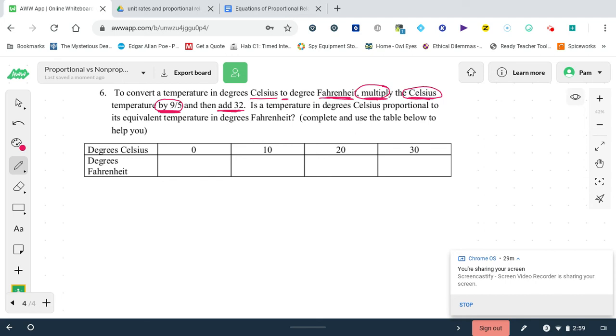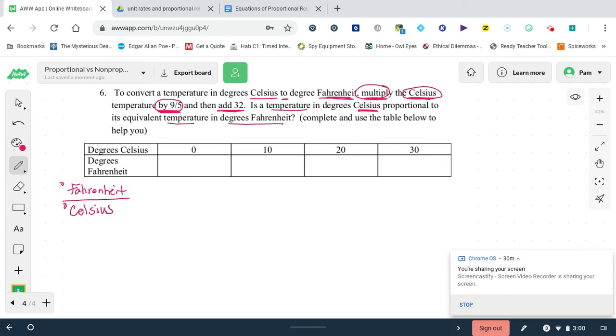But what we want to find out is, is the temperature in degrees Celsius proportional to the temperature in degrees Fahrenheit? So let's take a look at it. I want you to take Fahrenheit and divide it by the degrees Celsius. But as you can see, we don't have our table filled out.